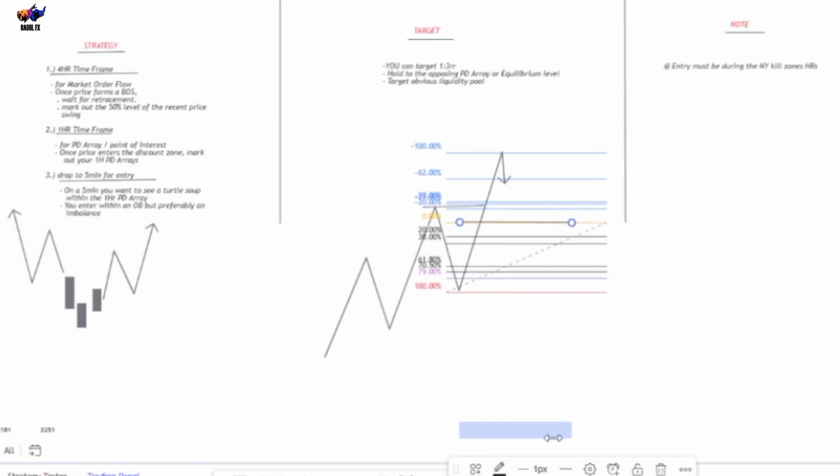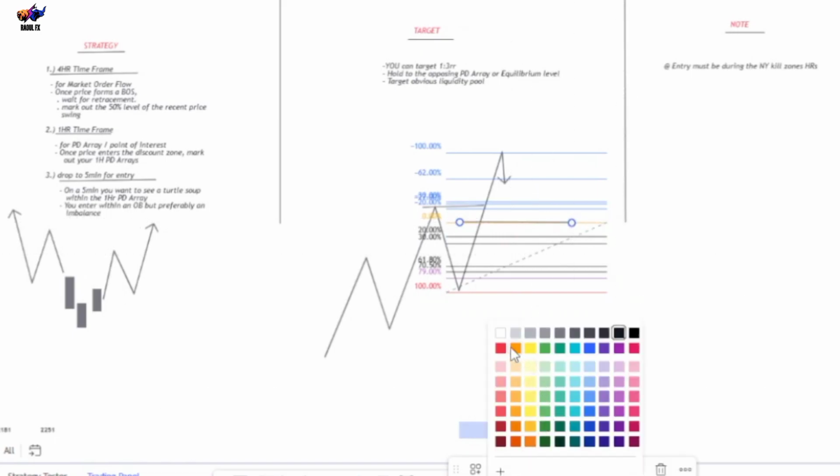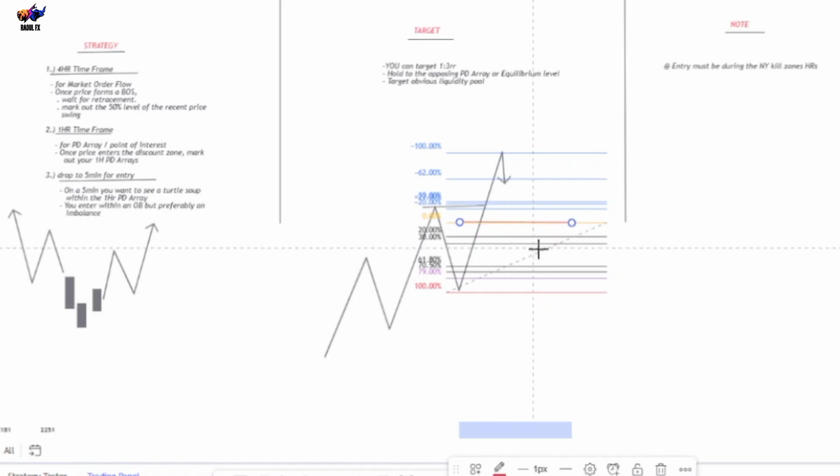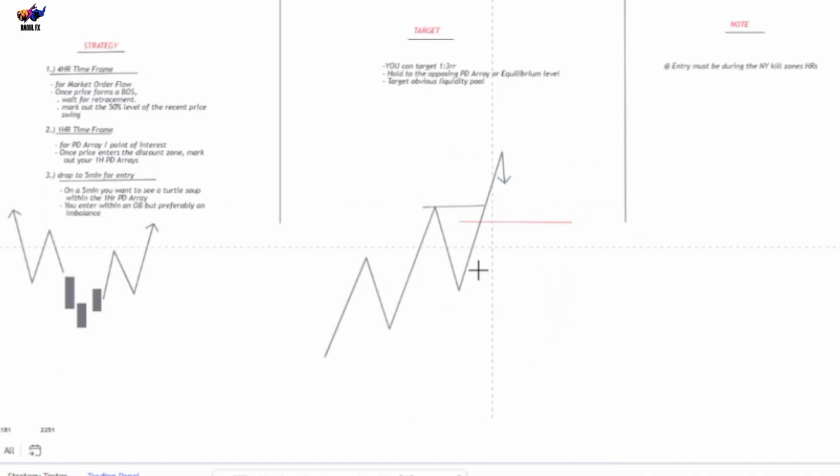And that is a 50% level. Let's just highlight it to your right. So that's our 50% level. So that's the very first rule, right?